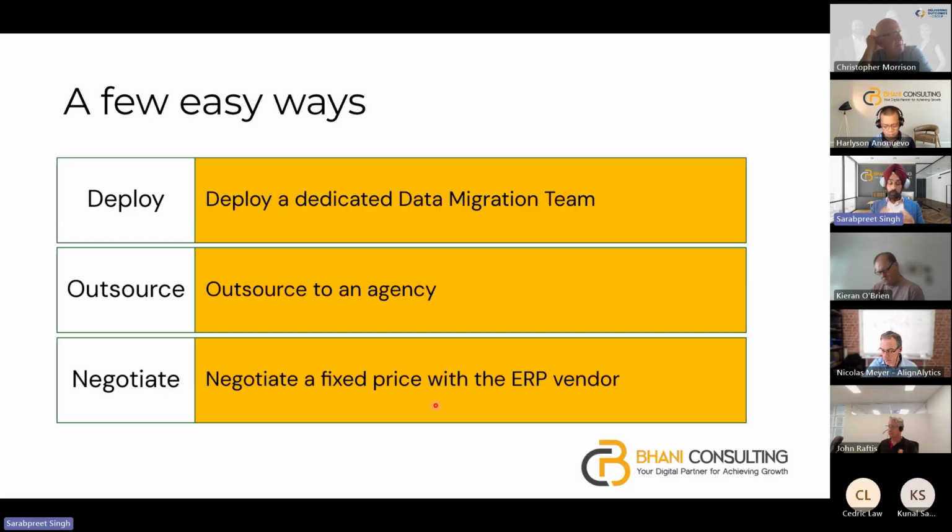So I do not want to skip these points. I think they are important points that there are ways to outsource this activity in different ways. We can hire a team, we can outsource to an agency, or we can negotiate a fixed price with the ERP vendor.